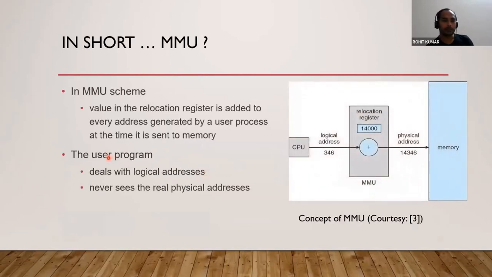Now the user program deals with logical addresses, but it never sees the real physical address. What does it mean? Can anybody tell me the meaning of the second part? The user program deals with logical addresses, but never sees the real physical address.